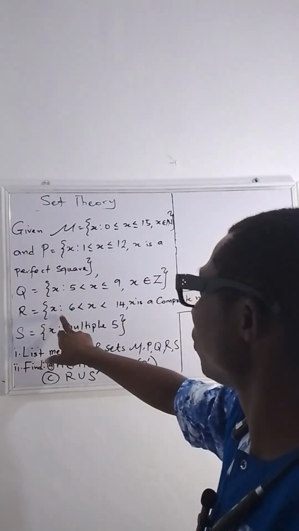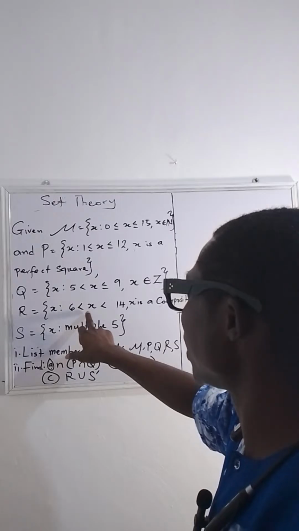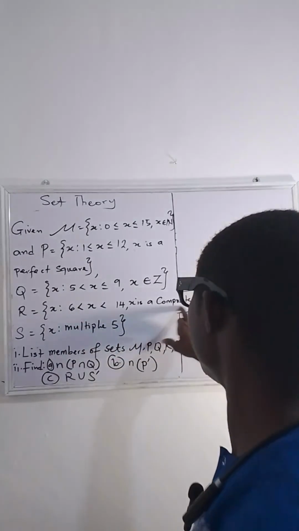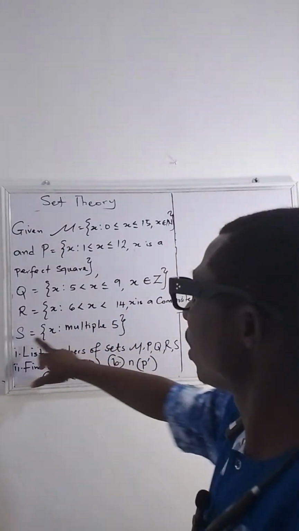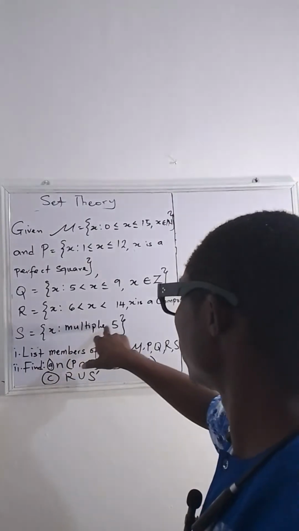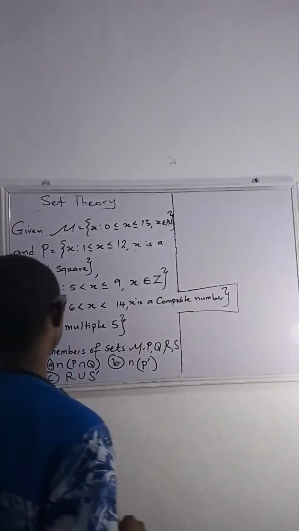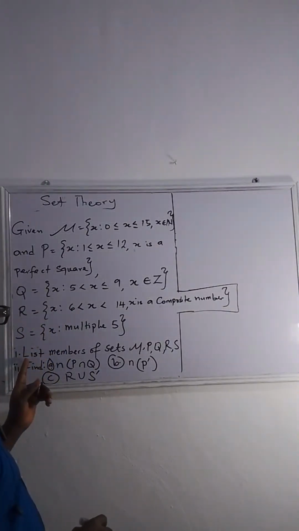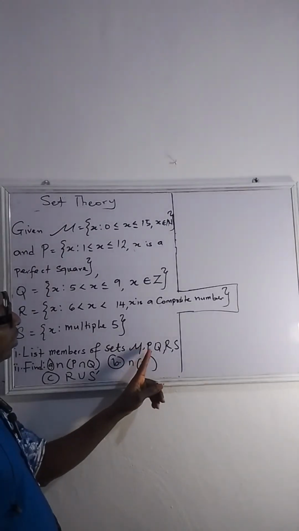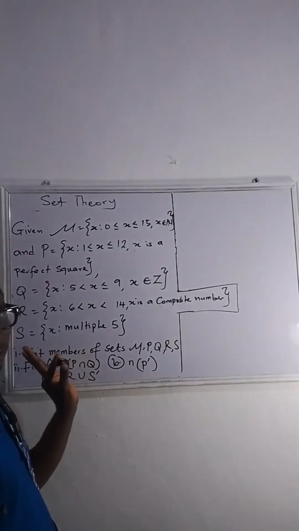R is the set of x such that 6 is less than x and x is less than 14, and x is a composite number. And the last one, S, is the set of multiples of 5. The question is: list the members of sets U, P, Q, R, and S.